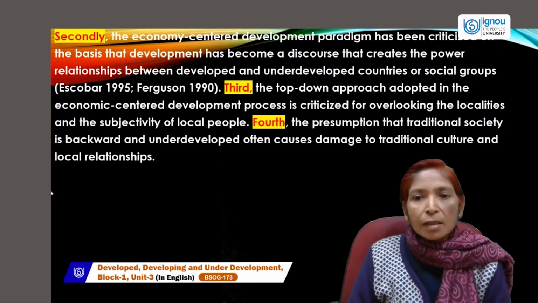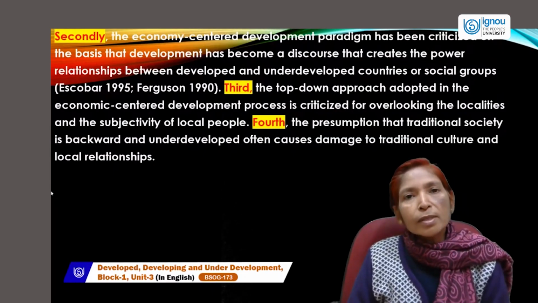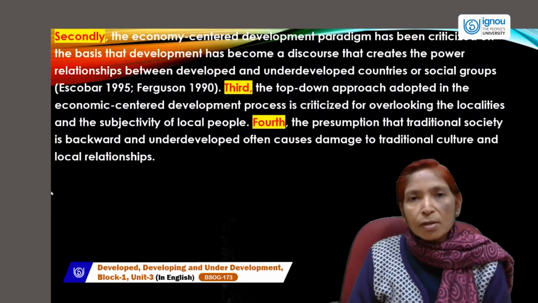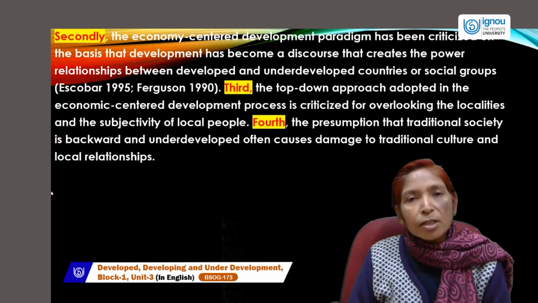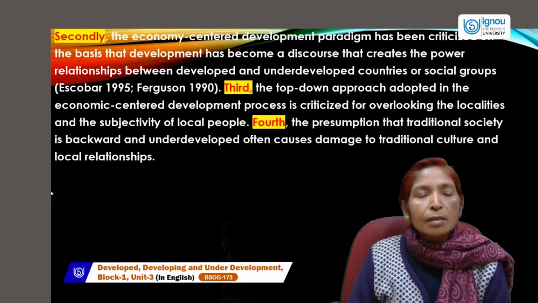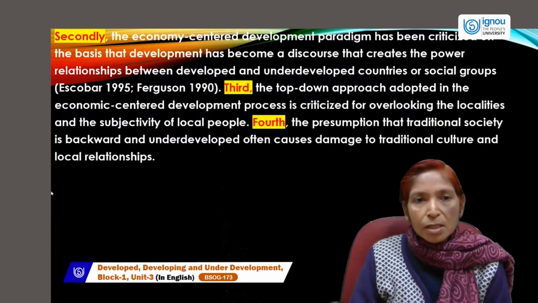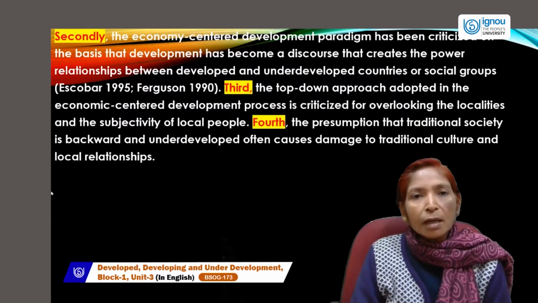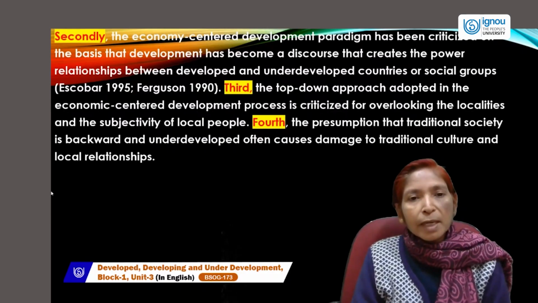And fourth is the presumption that traditional society is backward and underdeveloped, which often causes damage to traditional culture and local relationships. So these are the debates about how developed economies affect underdeveloped and developing countries.